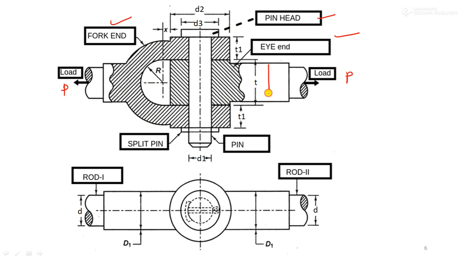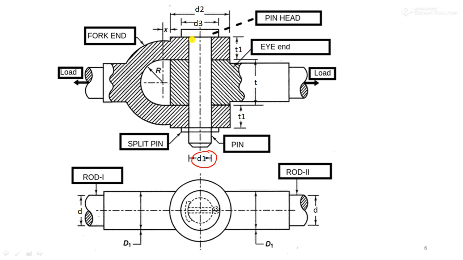Now you can see this T. What is this T? T is nothing but a portion of the pin which is inside this particular eye. T1 is nothing but a portion of the pin which is inside the fork, right? Is it clear? Next, then we have this D1. D1 is nothing but the diameter of the pin.